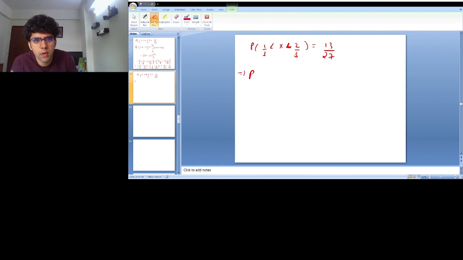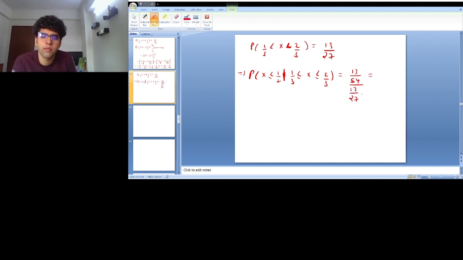So finally my value of x less than or equal to half, conditional that x lies between 1/3 and 2/3, becomes 13 upon 54 divided by 13 upon 27, which becomes 1 by 2, right?